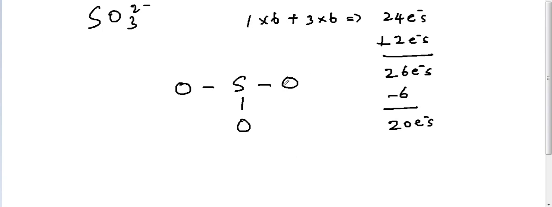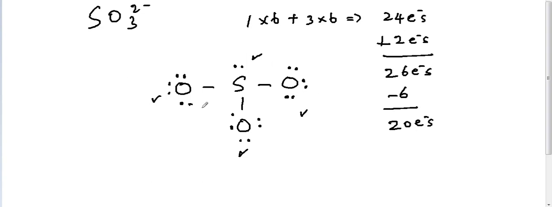We know the procedure: we start from the most electronegative element and move to the least electronegative element. We have exhausted all 20 electrons. Now we check for the octet. All these elements have attained an octet. Everything has an octet structure, so the structure drawn is right.